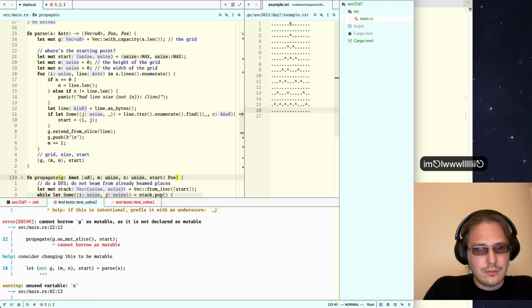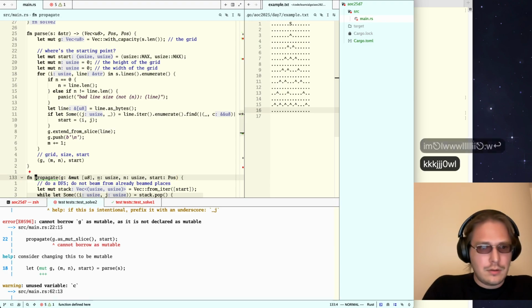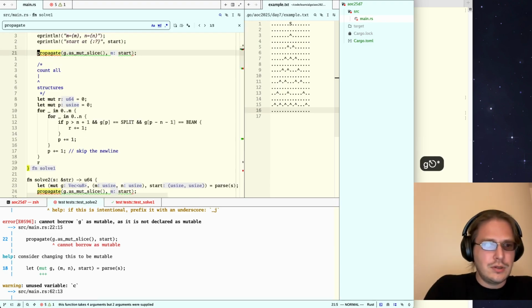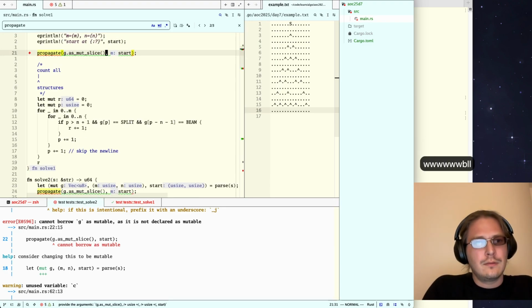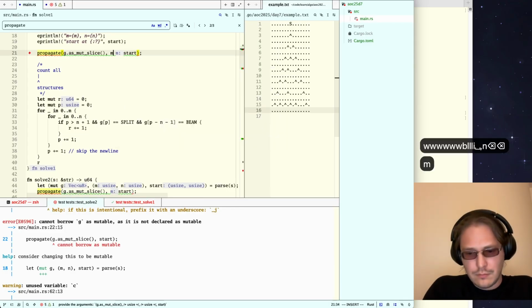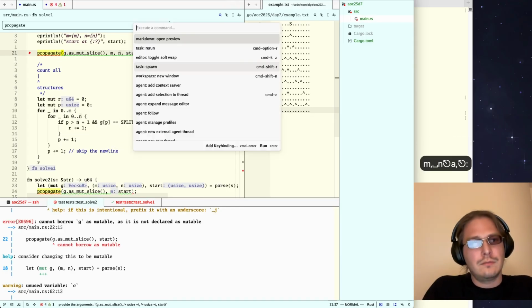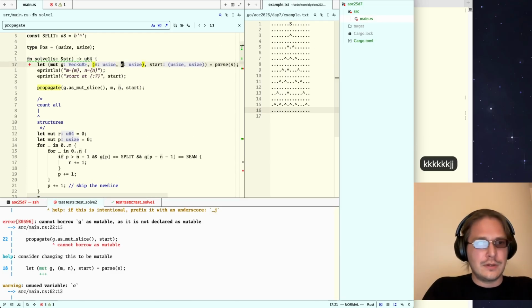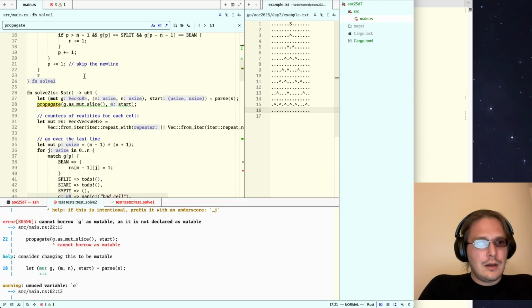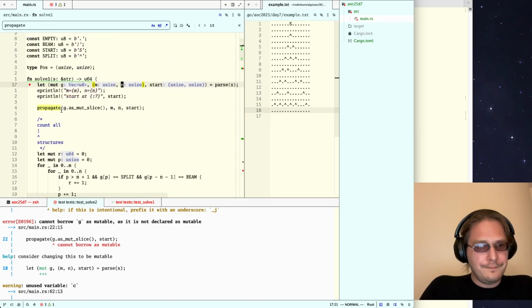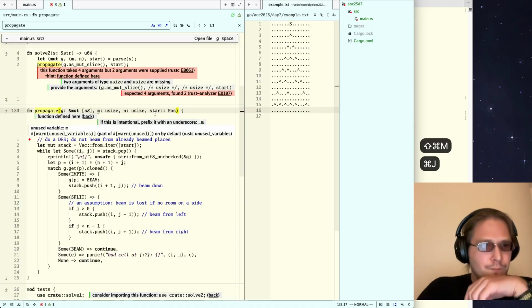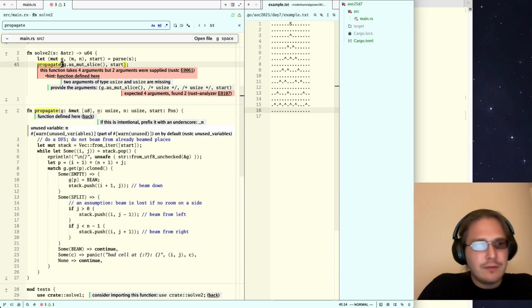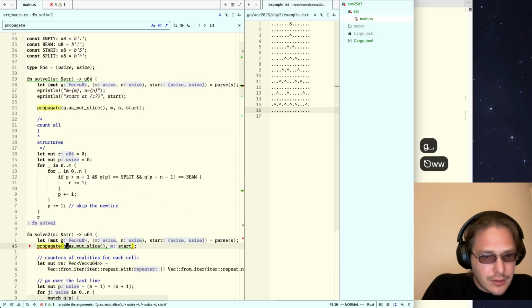And now propagate should take n and m. Yes, structures. A structure is helpful here, but I will not be refactoring that into a structure. Yeah, what's wrong with you now? This function takes 4 parameters. I agree. I completely agree.